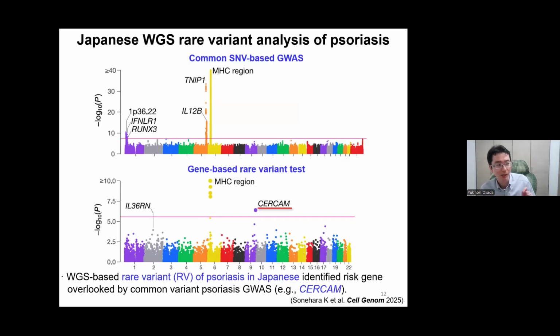So we can do rare variant association studies and also gene-based rare variant tests. When we do a common single nucleotide variant GWAS, here is a typical GWAS result: MHC, TNF, and interleukin. But when we did a gene-based rare variant test, we found other genes, something like interleukin-36 and a new one. It's surprising because this is the name of a gene which we newly identified. Common variant GWAS never pointed to these risk genes, so we were wondering whether this is a true association or not.